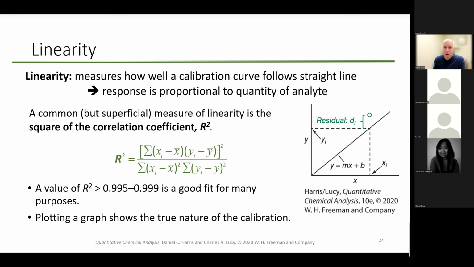And if there's a slope, R squared will be larger. But it depends a lot on the number of data points that you have. So, R squared goes between 0 and 1, ideally.